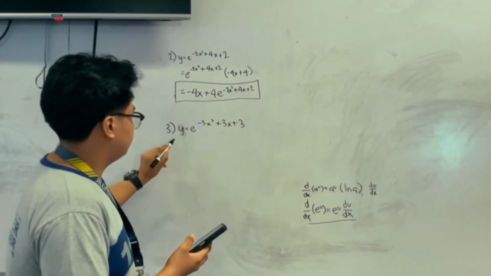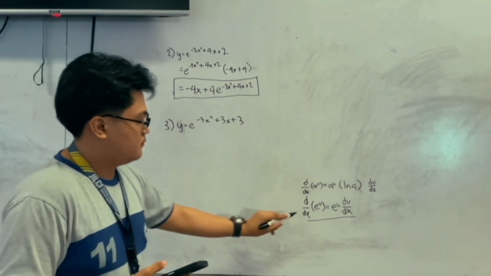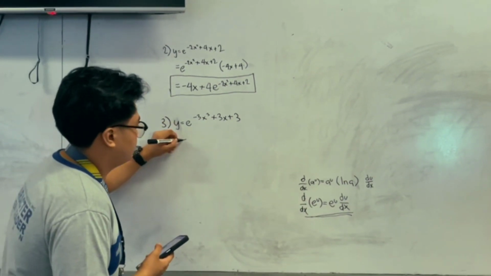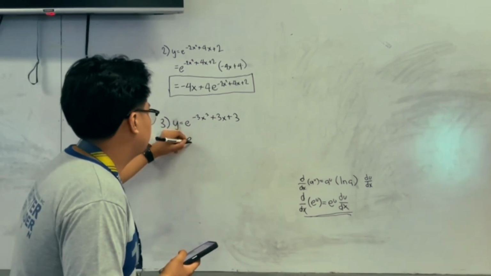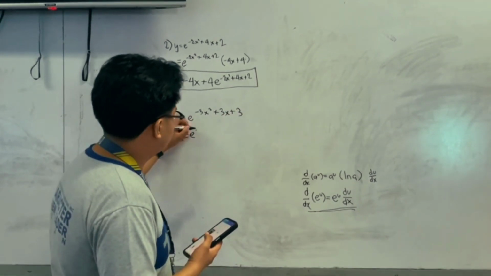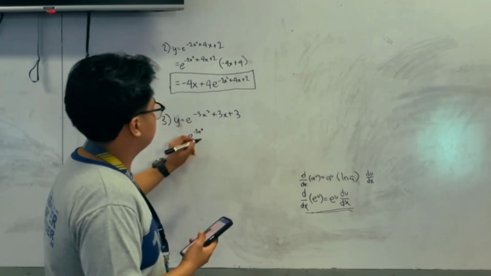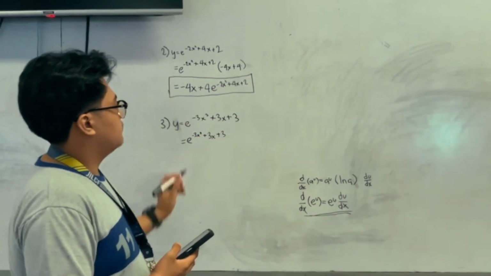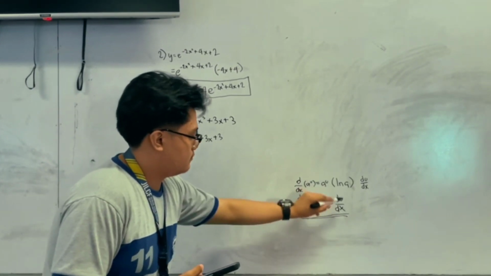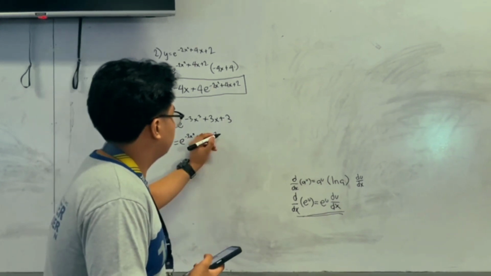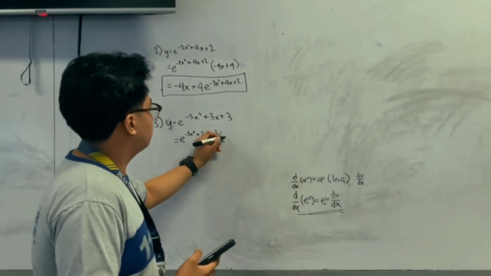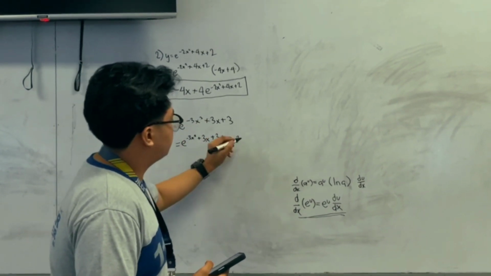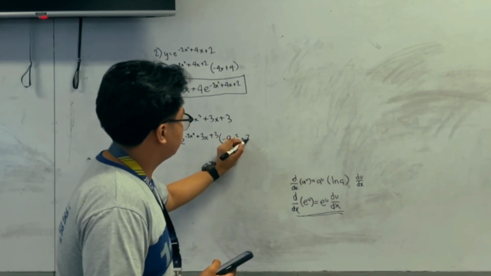Now let's have our last given, which is y equals e raised to negative 3x cubed plus 3x plus 3. We're going to use the same formula of e raised to u. So we're just going to bring down e and the value of u, which is negative 3x cubed plus 3x plus 3. Then after writing it down, we are going to get the derivative of u. The derivative of negative 3x cubed is negative 9x squared, and the derivative of 3x is 3.